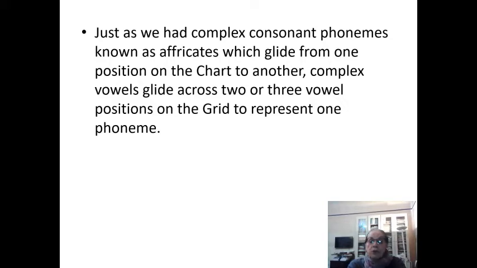The first position was a stop or a plosive, and the second position was a fricative. And they counted each one as one phoneme. In vowels, the same thing. On the grid, you will have three vowel positions, and in diphthongs, two vowel positions.